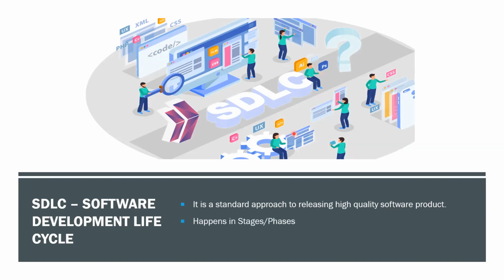It happens in stages and phases. This is something that I mentioned earlier. It has a process, and it also has phases, which once again we'll be seeing as we progress through the SDLC lifecycle.